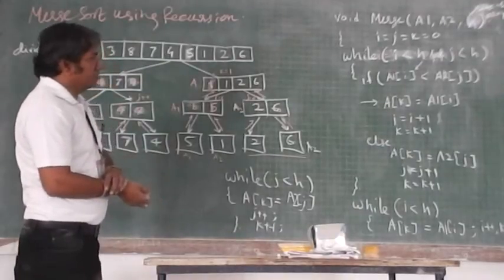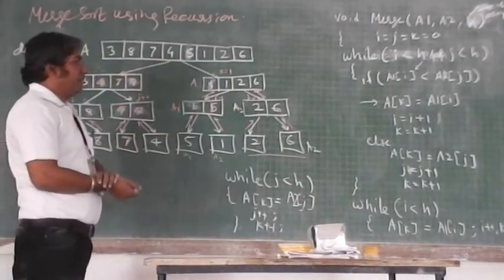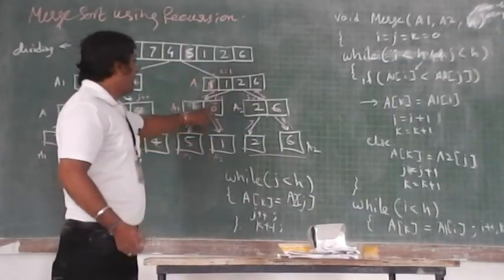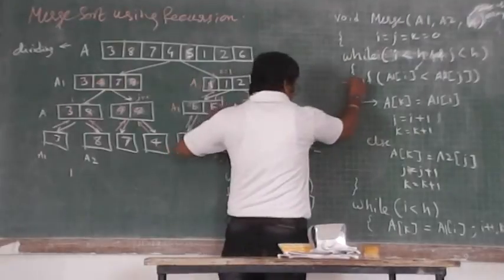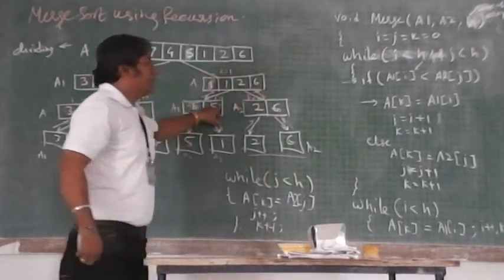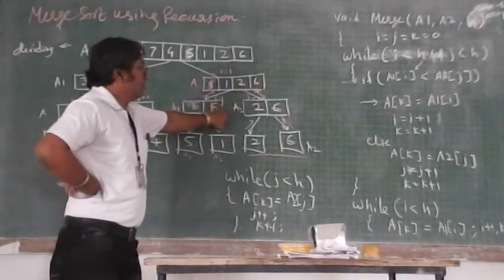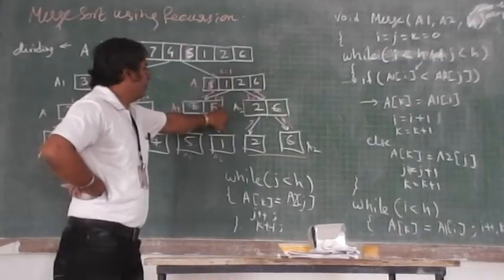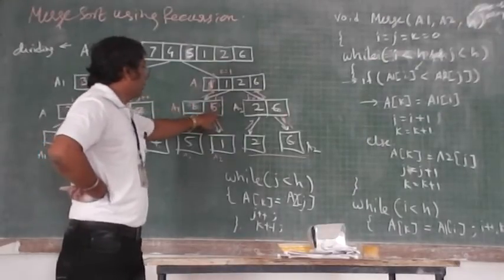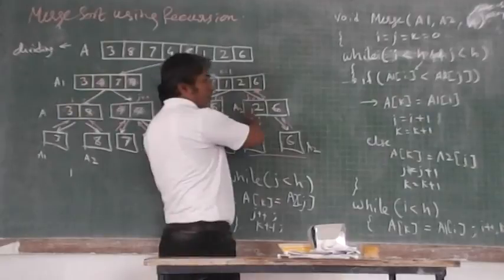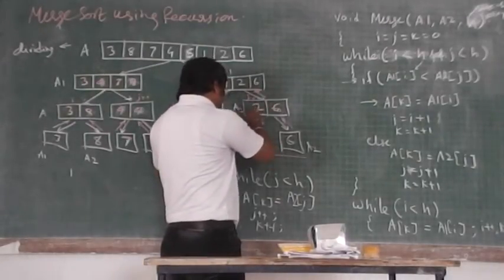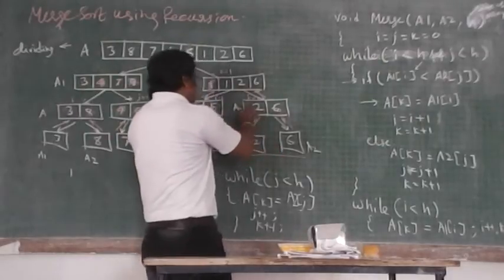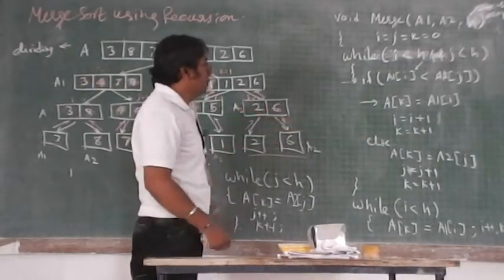While loop is repeating second time. Here i value is 1, A1[1], and here A1[1] is comparing with A2[j], means j is 0, A2[0]. 5 is being compared with 2. So here I found this one is less. So else part goes.